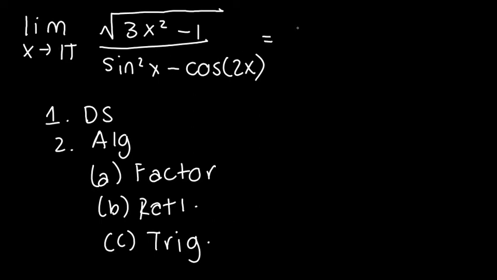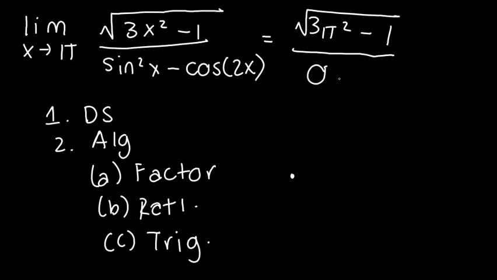So we have the square root of 3 pi squared minus 1, all over what is sine of pi. As you might remember, sine of pi is just equal to 0 because it's on the x-axis of the unit circle, and the y value on the x-axis is just 0.